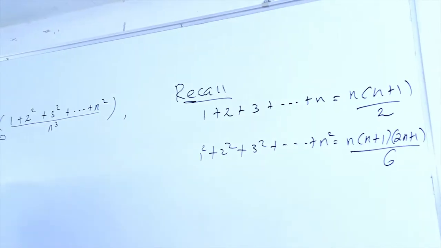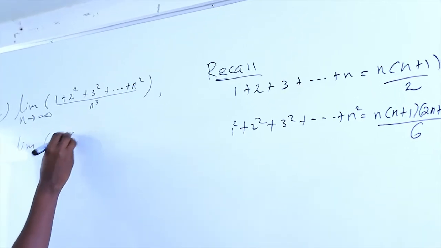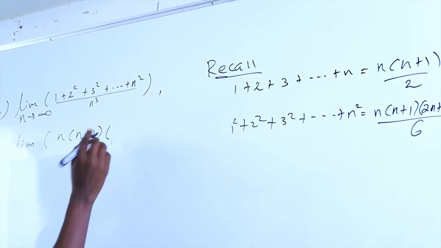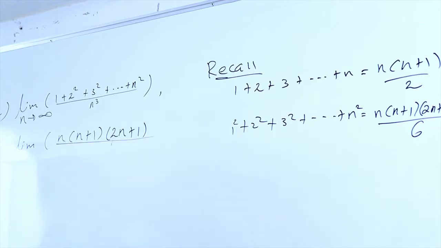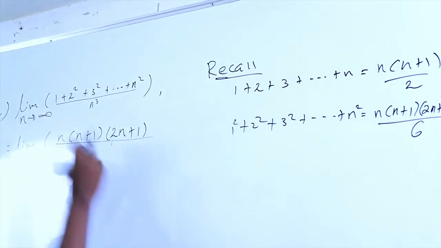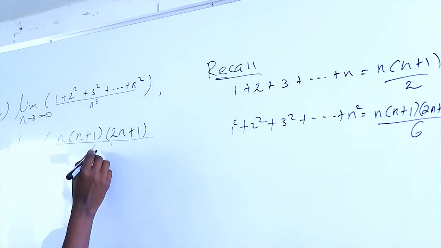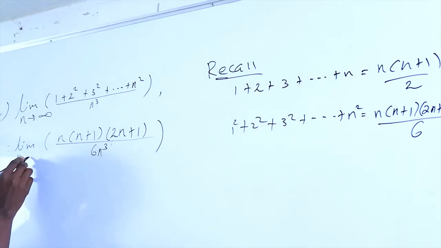Now this formula is exactly equal to the limit of n into n plus 1 times 2n plus 1 over 6 times, since it is n cubed, we can say 6n to the power of 3, as n tends to infinity.